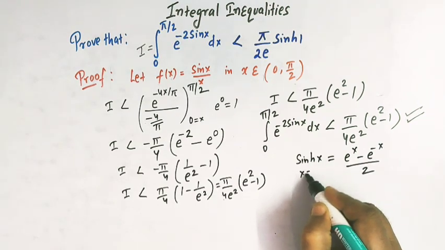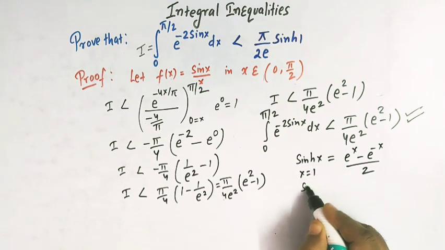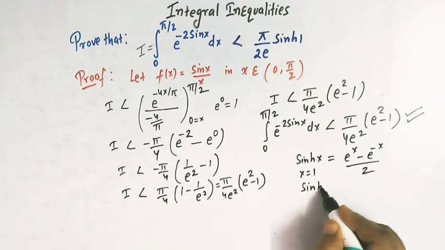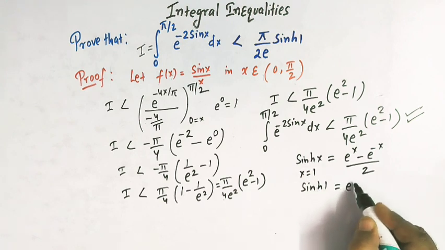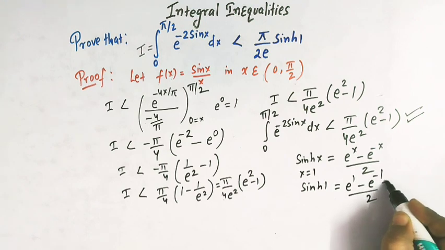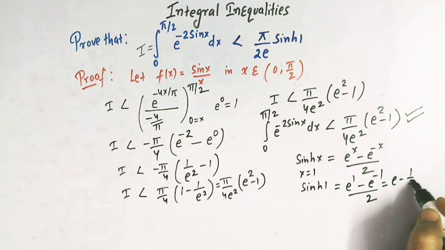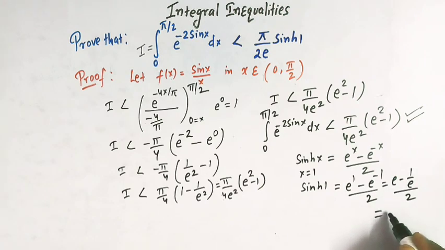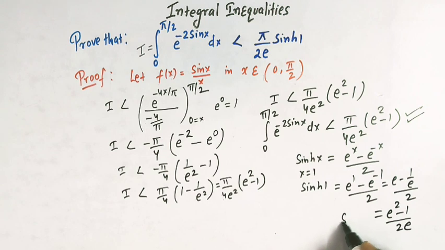Now taking x equal to 1 here, the hyperbolic sine of 1 is equal to e raised to 1 minus e raised to minus 1 over 2. So this is e minus 1 over e over 2, that is e square minus 1 over 2e, right? So the hyperbolic sine of 1 is e square minus 1 over 2e, right?